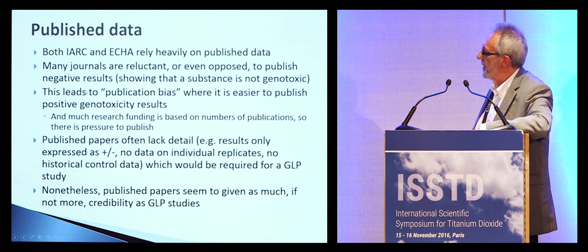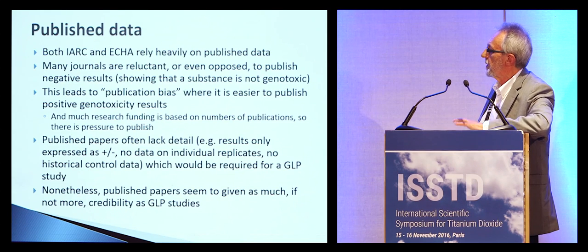So publishing a negative result is much more difficult than publishing a positive result. And this inevitably leads to publication bias. Much research funding is based on numbers of publications, so there is pressure to publish. And it is easier to publish a positive result than a negative. So we get a distorted picture from the published literature.